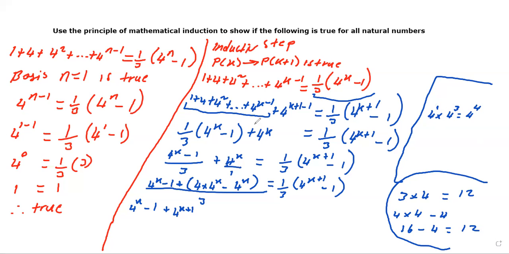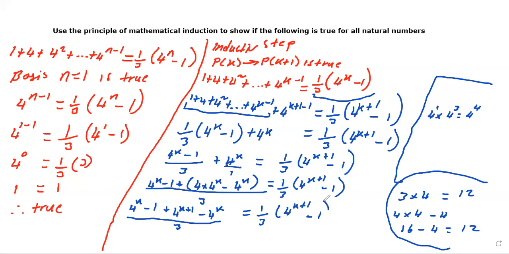All right? So bear those in mind. That's how we end up with the 4 to the k plus 1 here. And then we'll have the minus 4 to the k. All right? And all of that is going to be over 3. All right, and that should give us 1 over 3, 4 to the k plus 1.